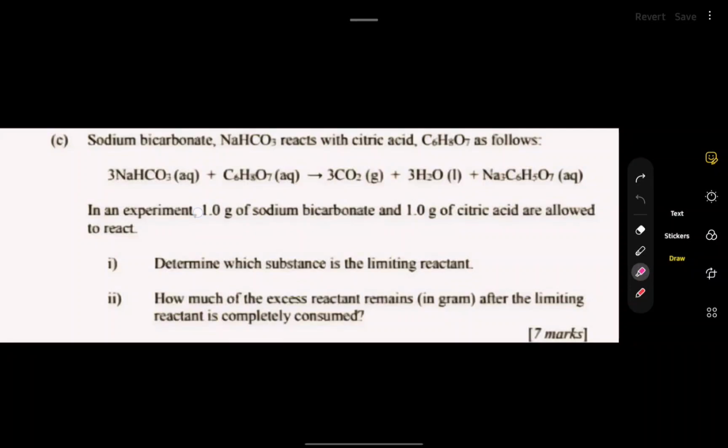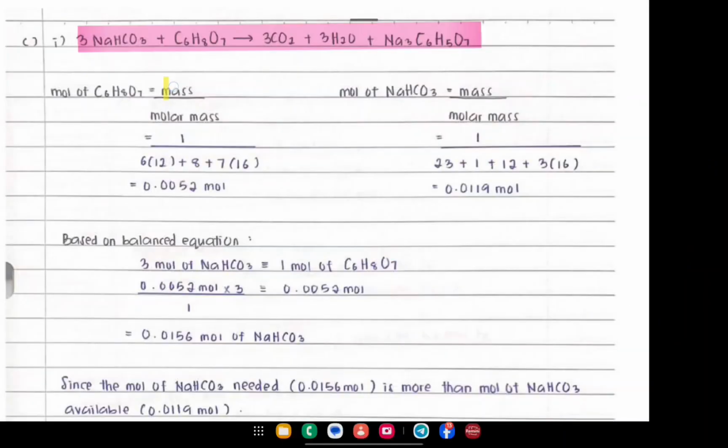For question C, the question provides us a balanced chemical equation, and the mass of sodium bicarbonate and mass of citric acid. Question C1, determine which substance is the limiting reactant. So we need to find the moles of citric acid and sodium bicarbonate by using the formula of moles.